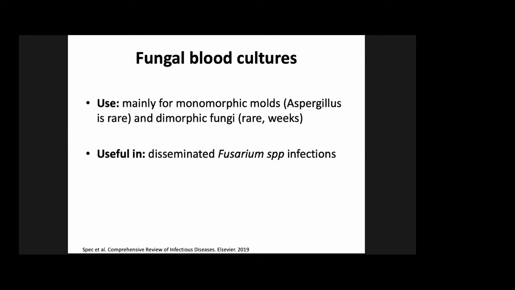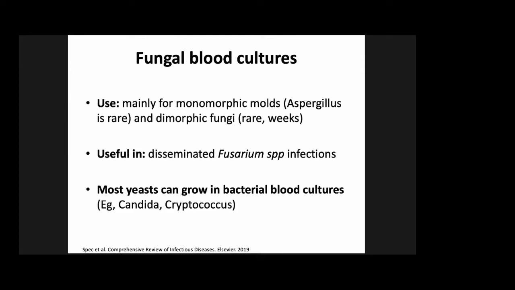Something that you should know is that the main use in cancer hospitals is to check for Fusarium infections. So Aspergillus in the blood is extremely rare, and dimorphic fungi in the blood is also rare. And the other thing that you should know is that histoplasmosis and Coccidioides sometimes can take 3 to 6 weeks. So if you have fungemia, you cannot wait 3 to 6 weeks for those results.